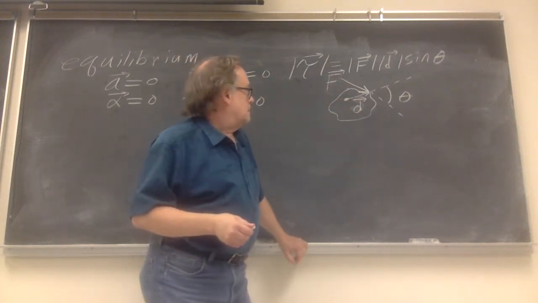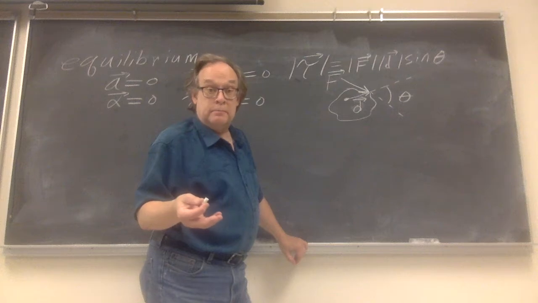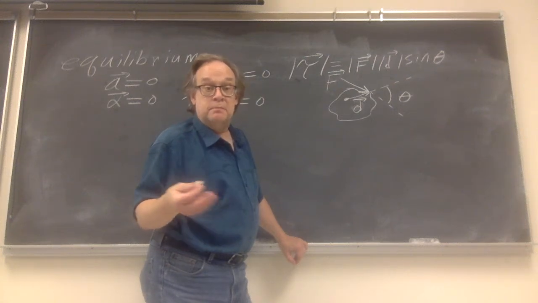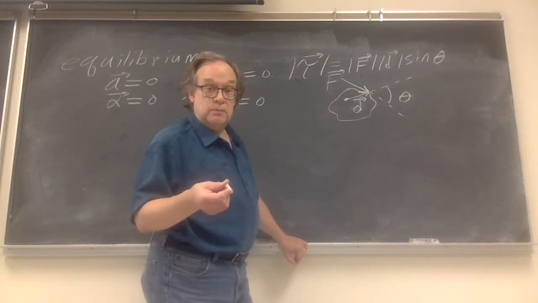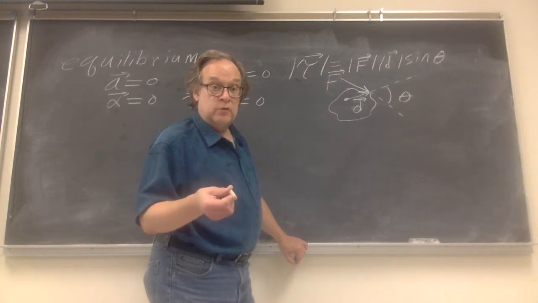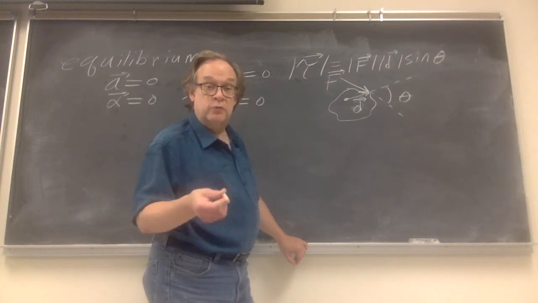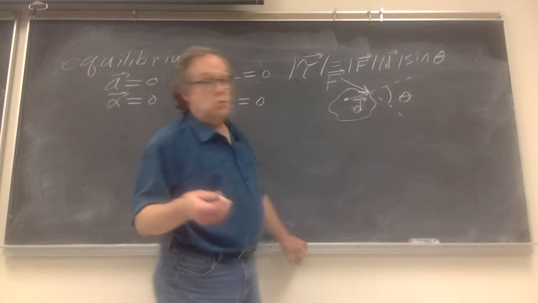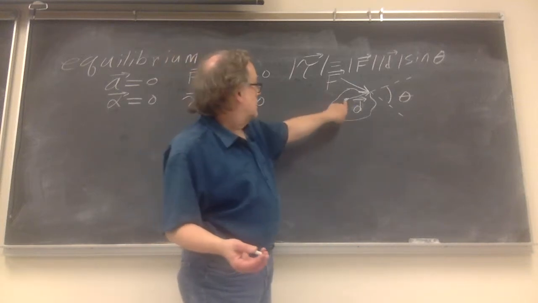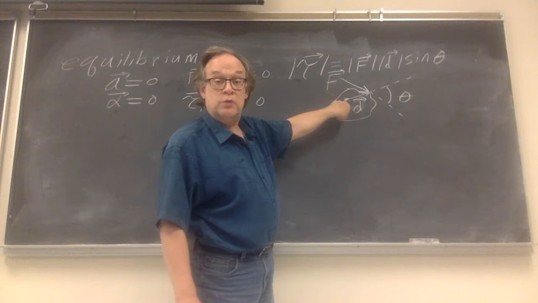You could call that, among other things, a pivot point. That's the term that the textbook uses. And you need to choose a reference point before you can figure out any torques. Commonly, it's nice to choose a reference point right at the axis of rotation.